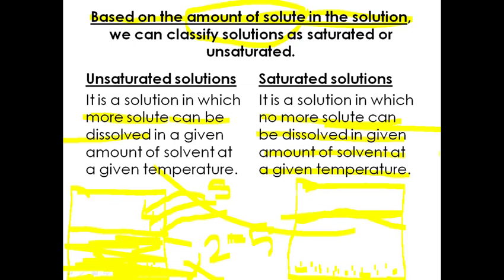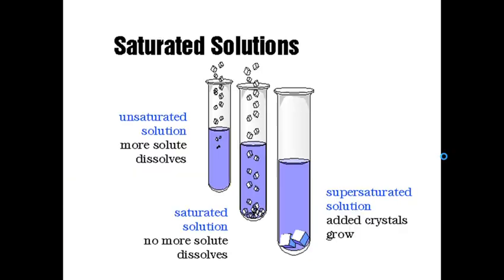Hope you got this one. Saturated and unsaturated solutions are based on how much solute a solvent can dissolve. Here you can see a saturated solution example and the unsaturated solution.